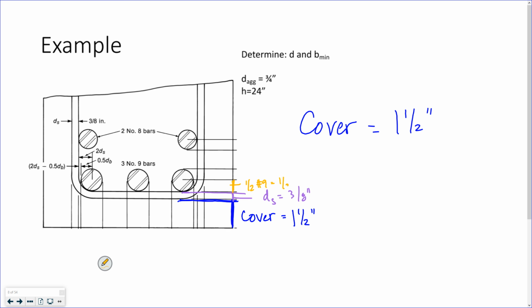So half of 1.128. And this is the other half, right? So this whole thing is the diameter of a number 9. So 1.128.